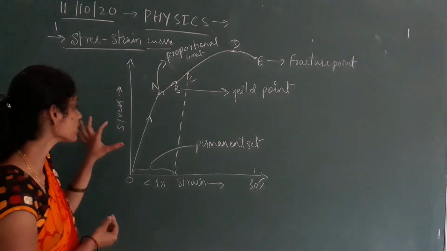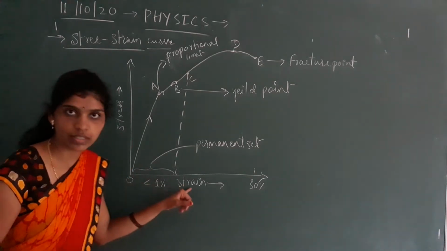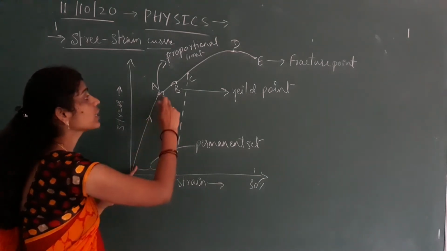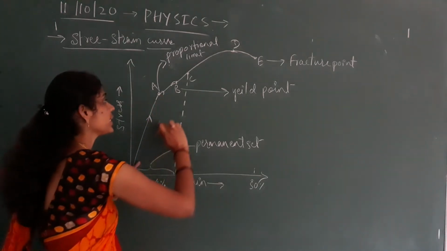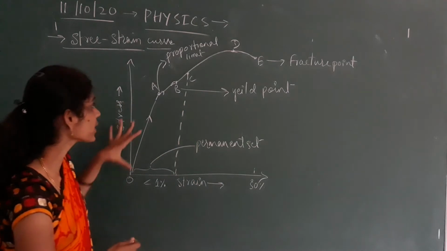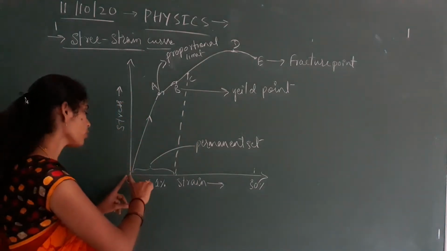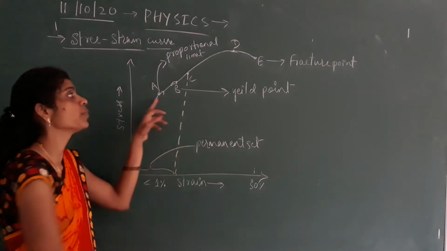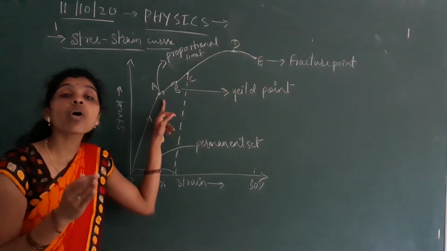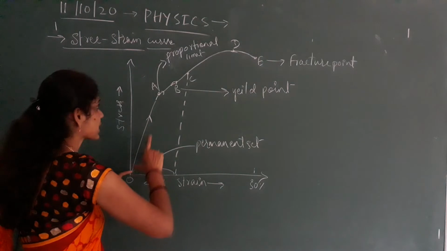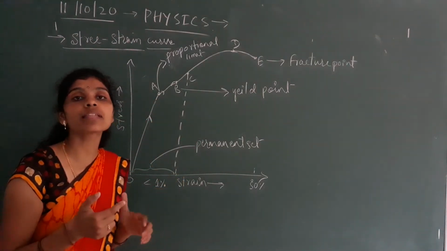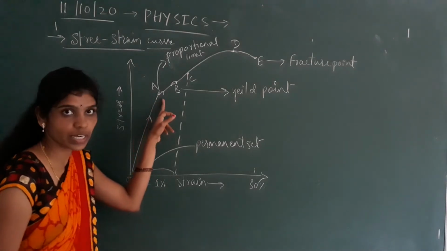In this graph of stress versus strain, from O to A, the curve looks linear. What does it represent? In the region from O to A, the curve is linear, which means Hooke's law is valid. According to Hooke's law, stress is directly proportional to strain.